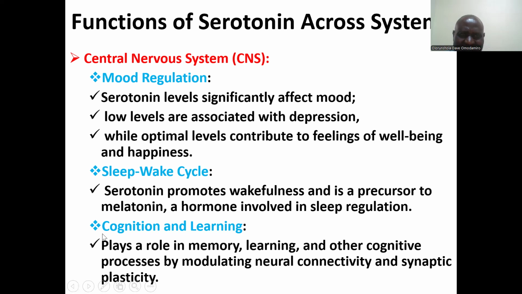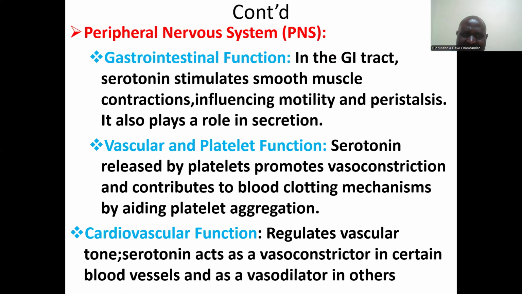Number three, under the central nervous system, is cognition and learning. Serotonin plays a role in memory, learning, and other cognitive processes by modulating neural connectivity and synaptic plasticity. On the peripheral nervous system, there is the gastrointestinal function in the GIT tract.